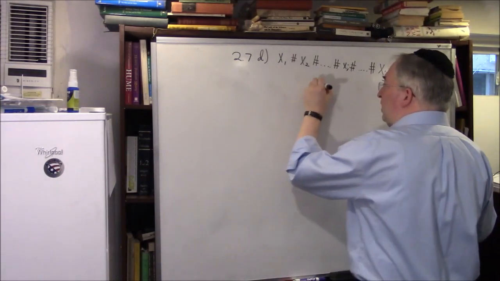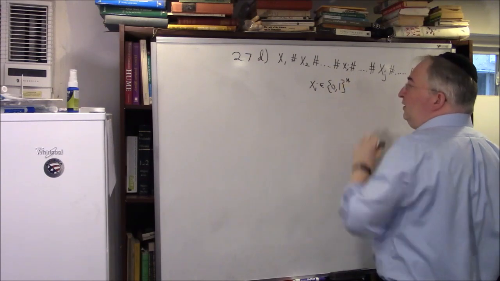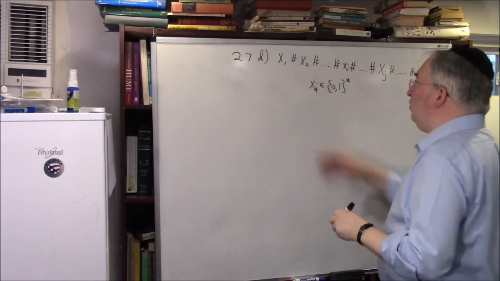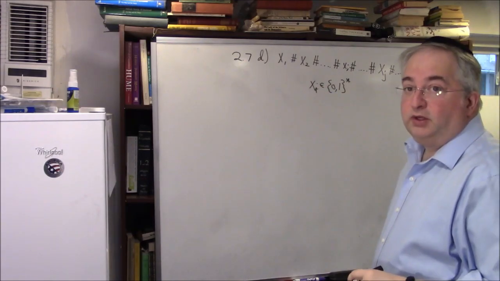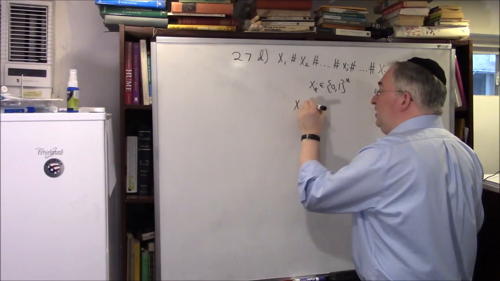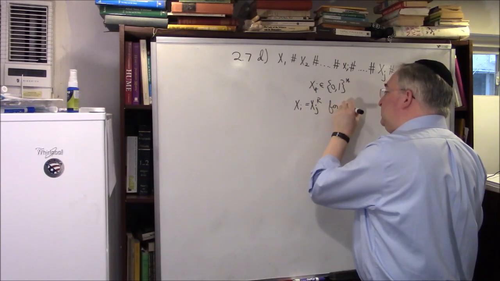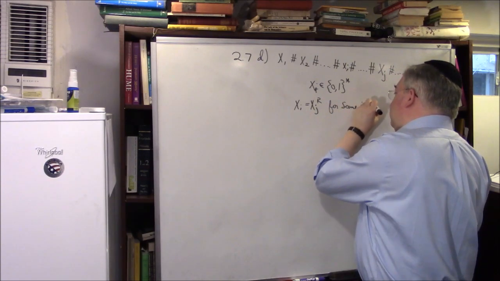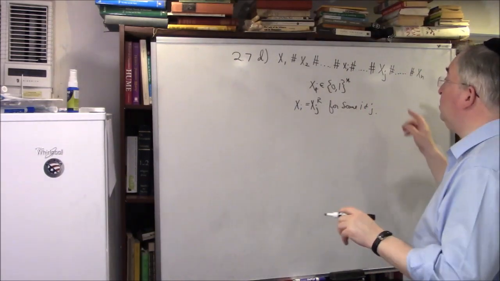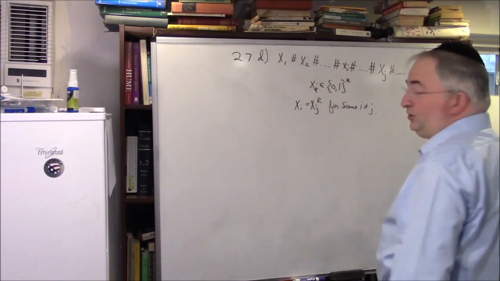Okay, xi is a member of {0, 1}*. All of them are made of zeros and ones. Okay, but we have the following: xi equals xj reverse for some i and j. In other words, somewhere inside there are two of them such that they're reverses of each other.